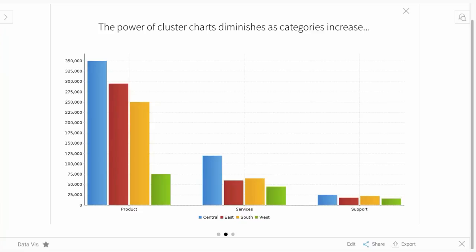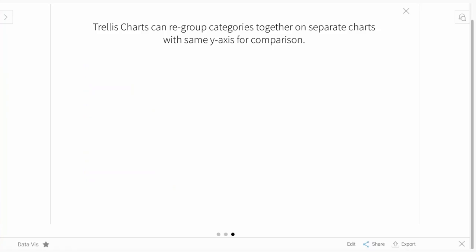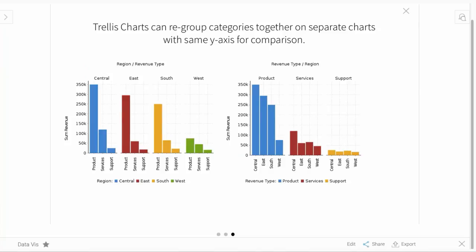So when your chart does start to look like a double rainbow, the answer is to use a trellis chart instead. So trellis charts are very similar to a clustered bar chart, but the categories are grouped in a more intuitive way on the axis rather than broken down by color. So below are 2 different trellis charts using the same data.